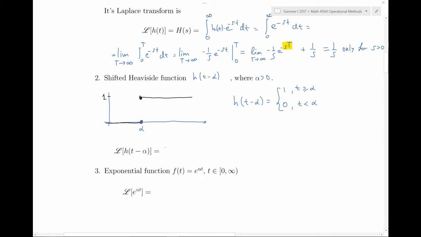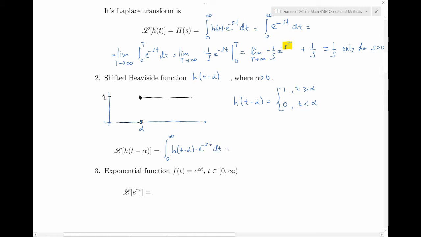The Laplace transform of this function is still an integral from 0 to infinity, because that's how the Laplace transform is defined, and we're integrating h of t minus alpha times e to the minus st dt.